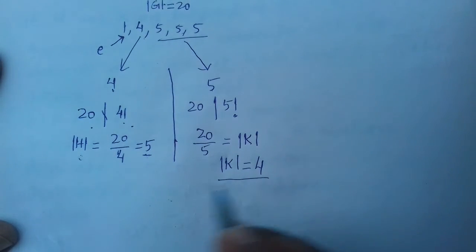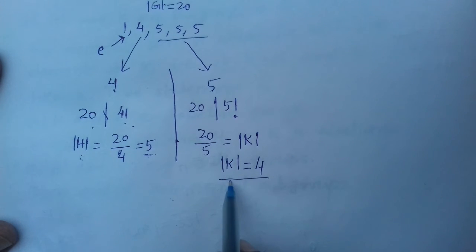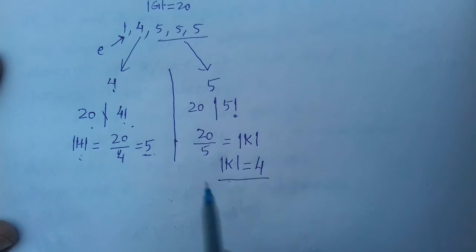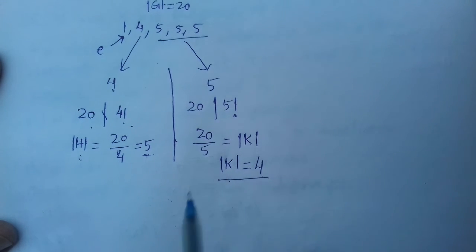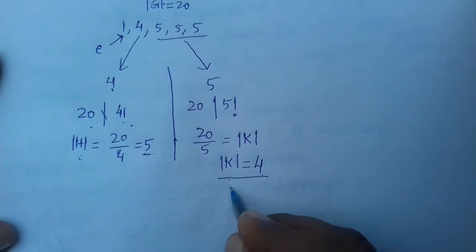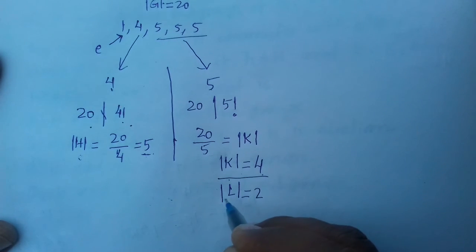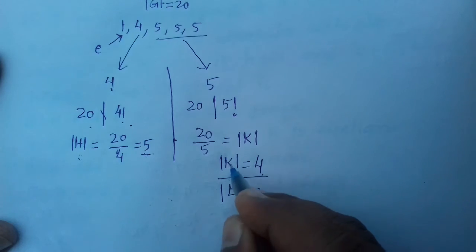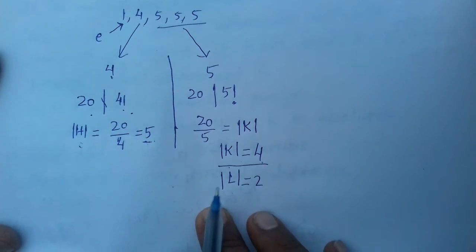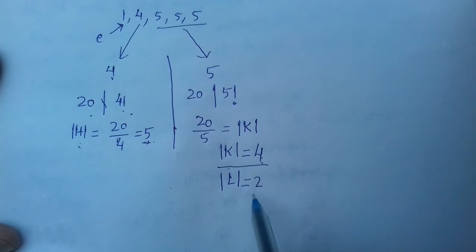Now here we got 2 subgroups, a normal one of order 5 and a non-normal one of order 4. And you must know that a subgroup of order 4 is always abelian and contains a subgroup of order 2 inside it. That means this subgroup L is inside K. Now there are 3 subgroups, one normal, and 2 subgroups of order 4 and order 2, but not normal.